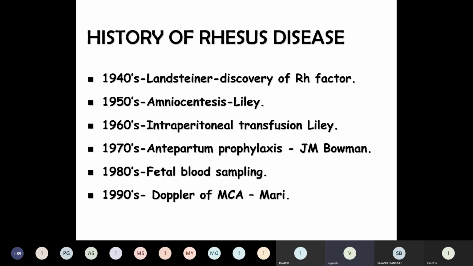In the 1960s, intraperitoneal transfusion was also invented by Lilly. 1970s, we had the antepartum prophylaxis, which was invented by J.M. Bowman. 1980s, fetal blood sampling was done, and in the 1990s, the Doppler of the MCA, that is the middle cerebral artery, was invented by Mari. This is a little into the history of the RH disease and its various events during the process.